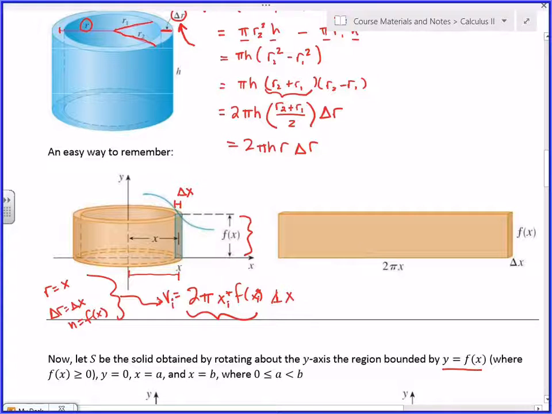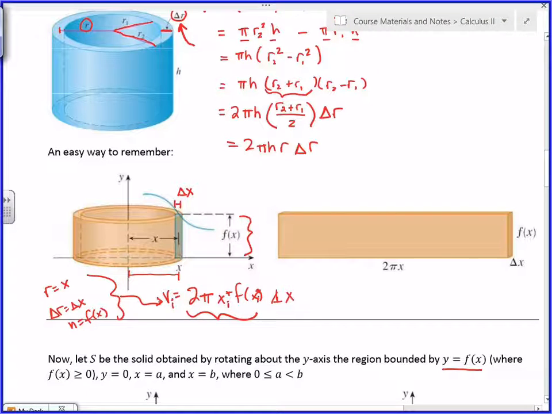The length around the outside of a circle is 2 pi r. That's the circumference of a circle, which is why the bottom side down here is 2 pi x. And then the height, of course, is just f of x, and the width is delta x by definition here. So the volume of this is, in fact, 2 pi x f of x delta x.